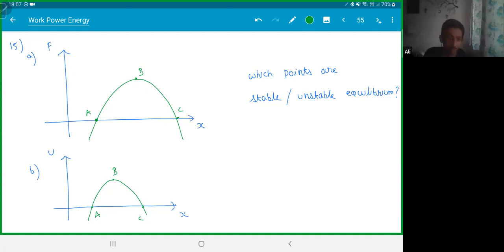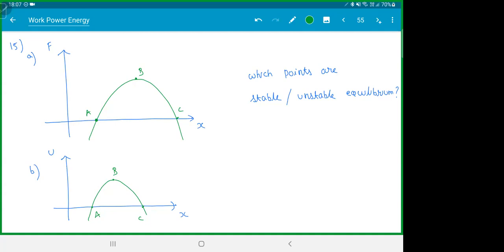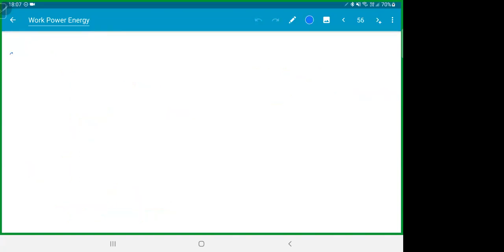I'll see them after. Let's see how to do this thing, everyone. First one. Tell me one thing. For equilibrium, what is the first condition? Force should be 0.